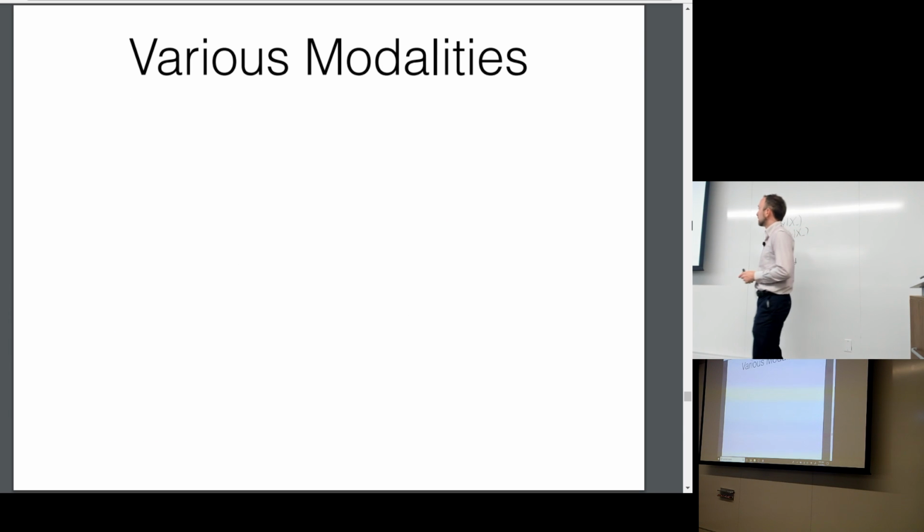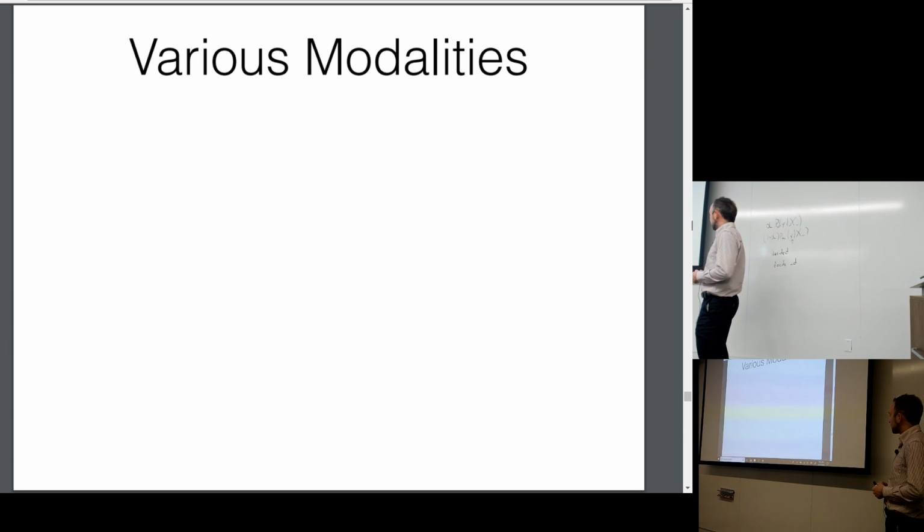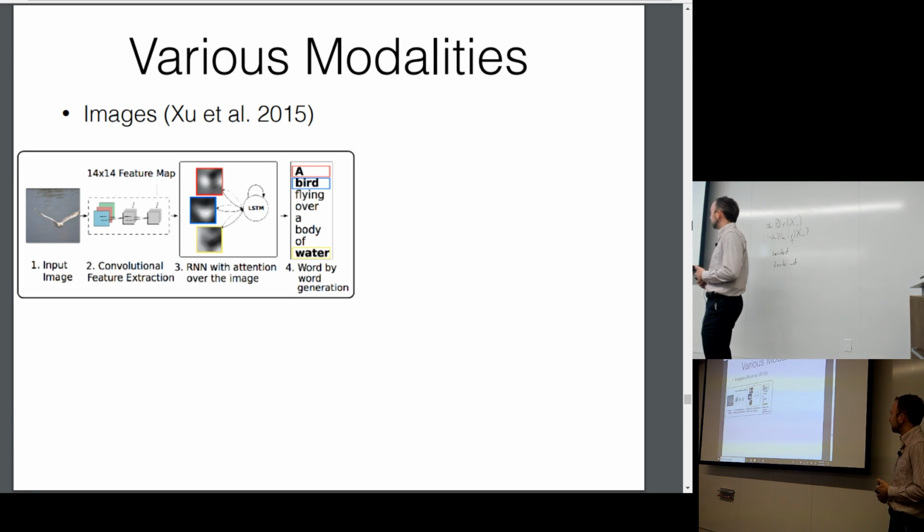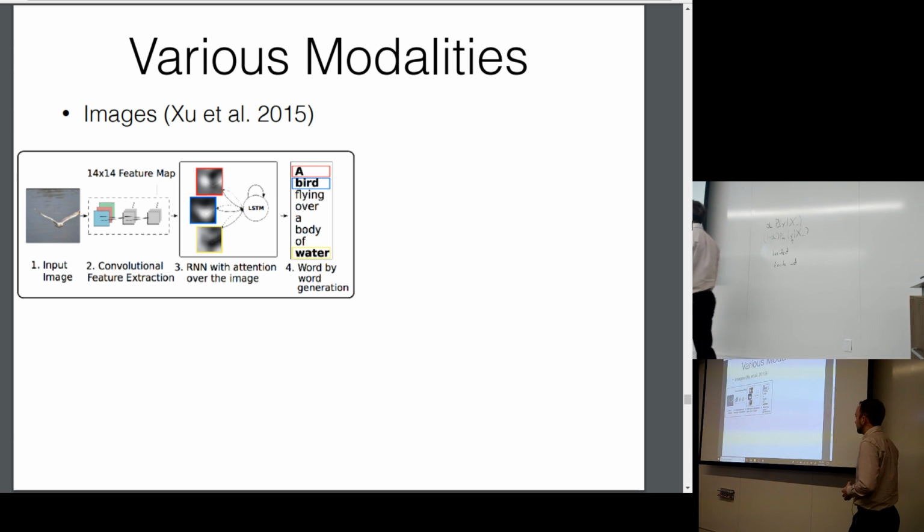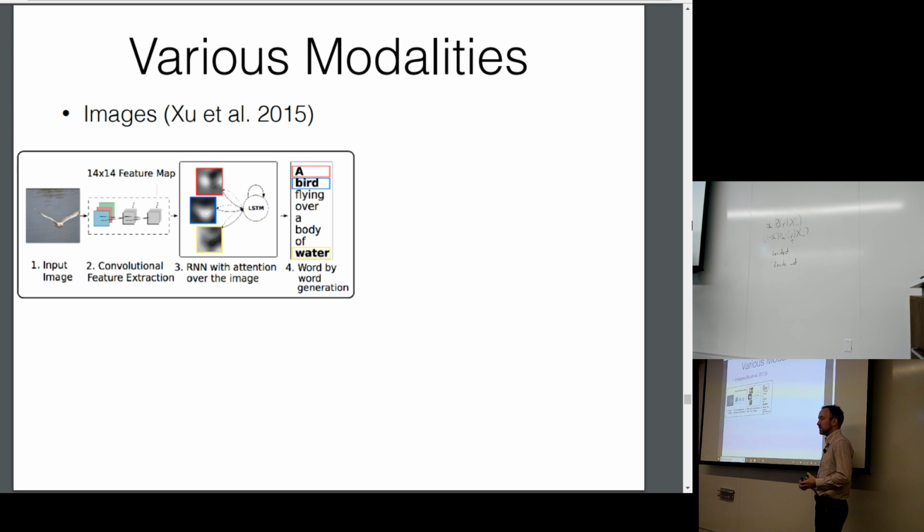OK. You can also attend to lots of different modalities. Attention first came into prominence through image captioning. In image captioning, you're attending to different parts of the image as you're generating different words in the output.